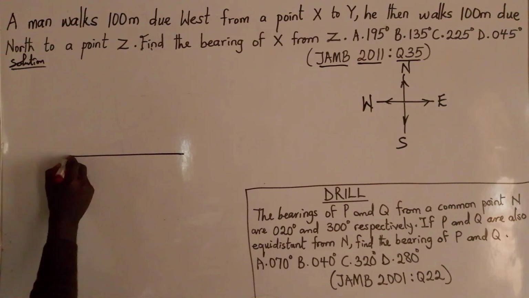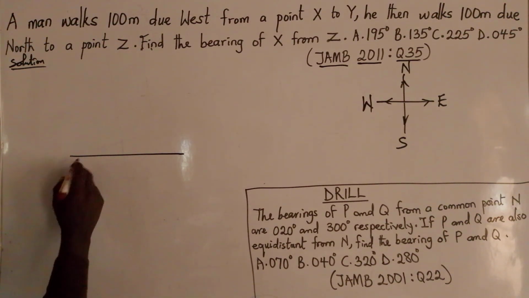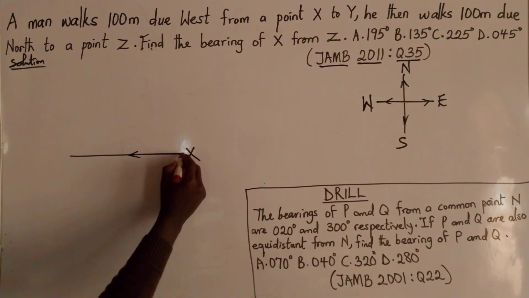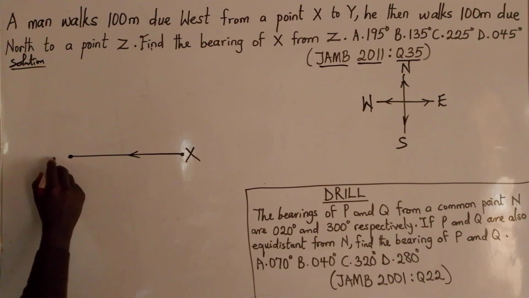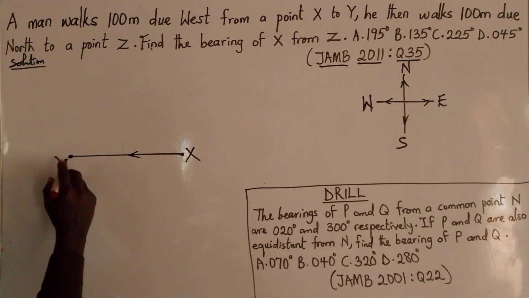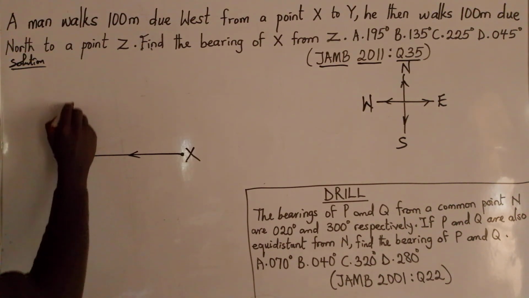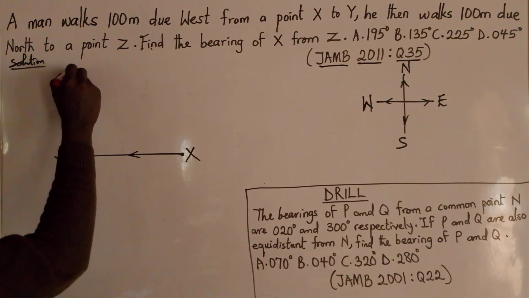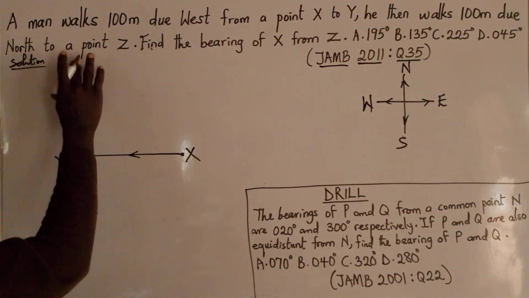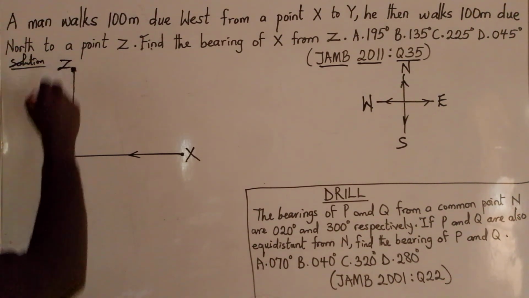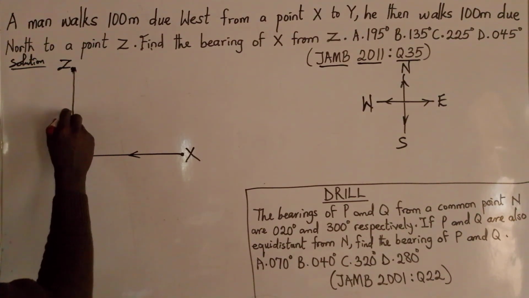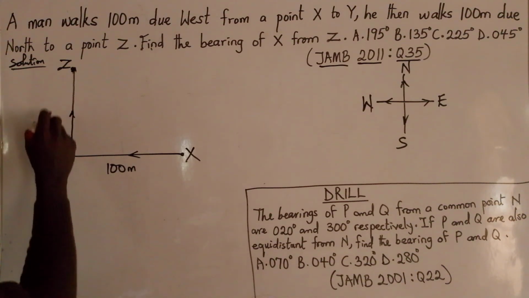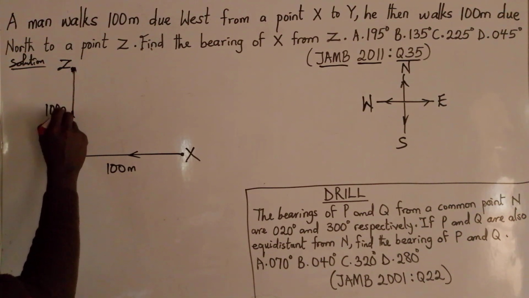The man walks in this direction, towards the west, starting from point X to Y. After getting to Y, he then moves towards the north, the northern side, and stops at a point Z. The distance of X to Y is 100 meters, and Y to Z is also 100 meters.